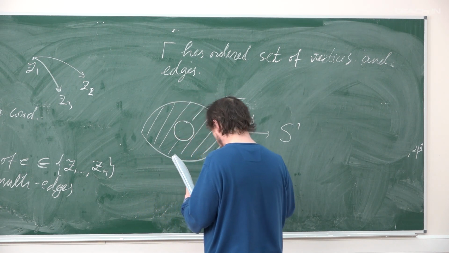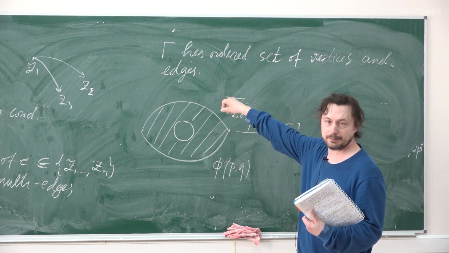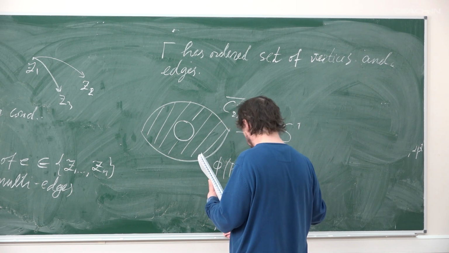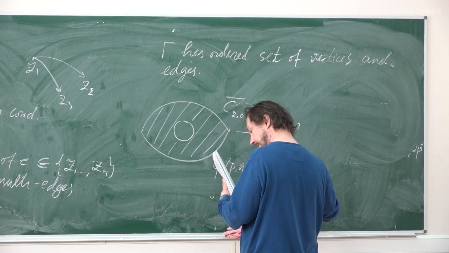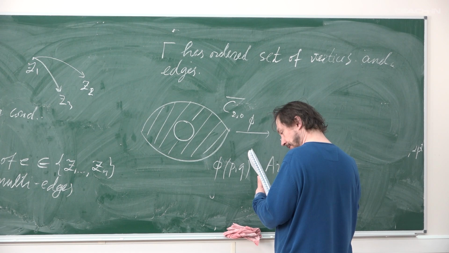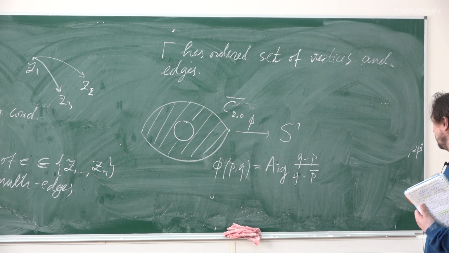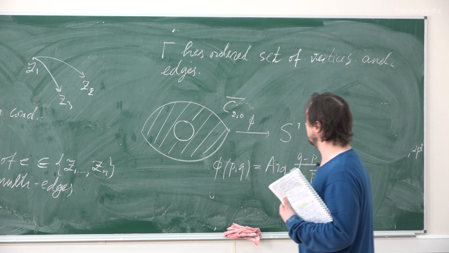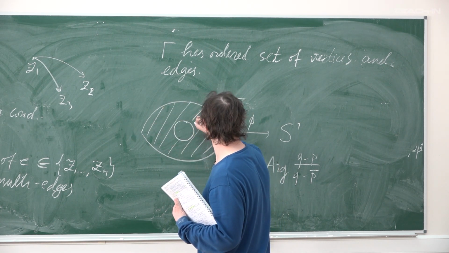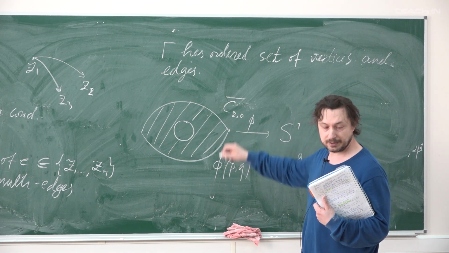Phi of P and Q, where P and Q are the points in C2 before you pass to the completion, to the closure, will be equal to the argument of Q minus P divided by the absolute value of Q minus P bar. As you see, it is a continuous bounded function on this set C2 0 without bar, so it extends to a continuous function on this closure.